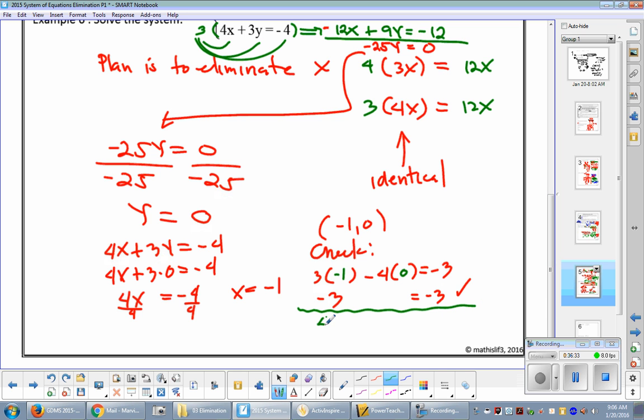I have 4x plus 3y equals negative 4. x is negative 1, y is 0. We'll get here negative 4 equals negative 4. So the second equation is also correct. Okay, so we now know that negative 1 comma 0 is the correct solution for the given system.